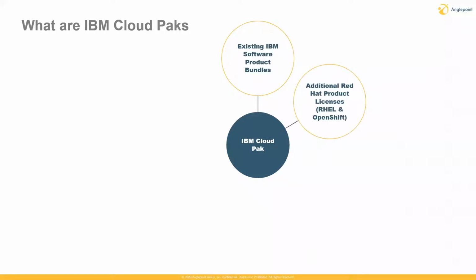Along with these bundles of traditional IBM software, they are now including Red Hat product licenses, such as Red Hat Enterprise licenses and OpenShift and platform licenses as well. They come with an ability to swap out products within the bundle. Each of those products has a different ratio, and you own X number of Cloud Pak VPCs or MVSs that can be swapped between the different product bundles within.